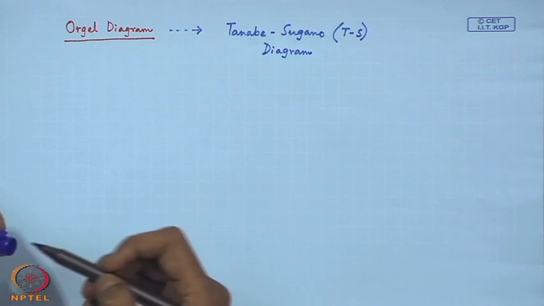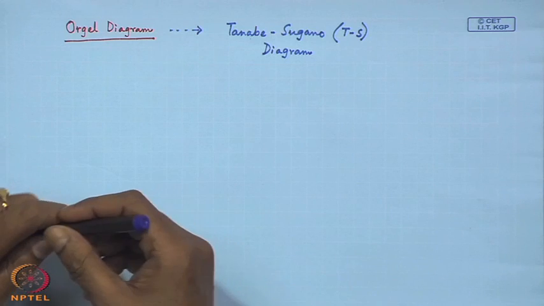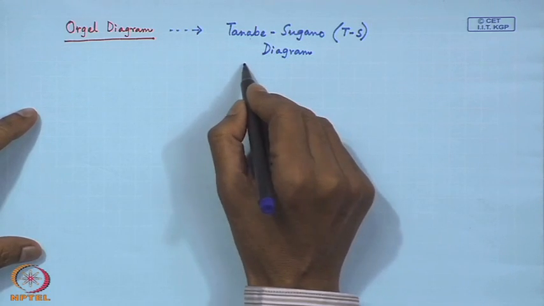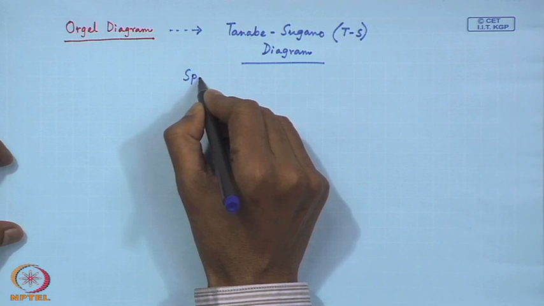This diagram will tell us that this is also a spectral correlation diagram.